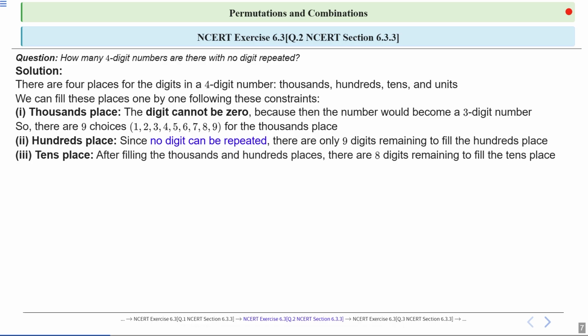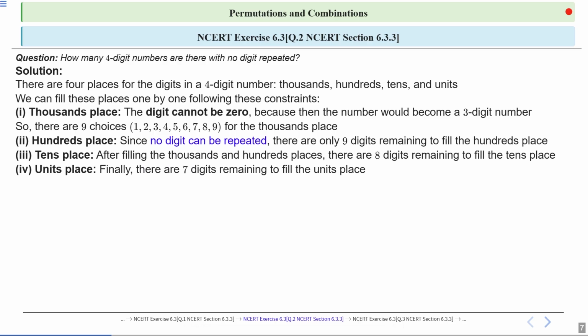Next, for the tens place, we have already used 2 digits for the thousands place and hundreds place, so now 8 digits are remaining. These 8 digits can be used for the tens place, so we have 8 choices to fill it.